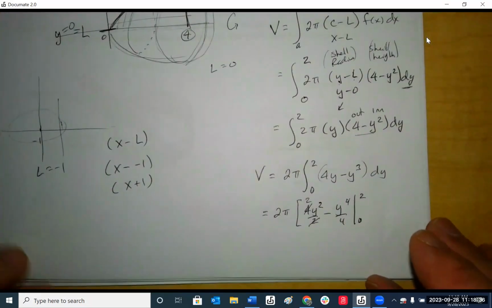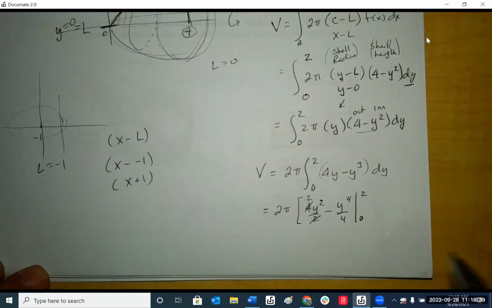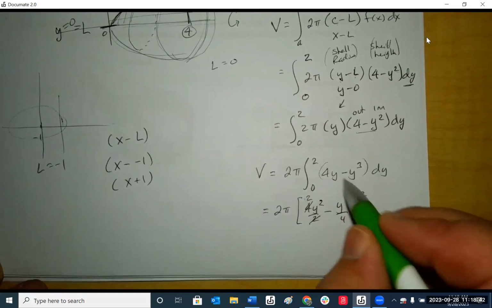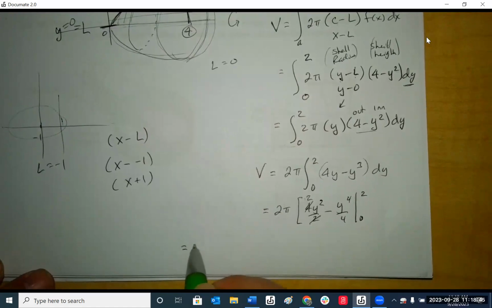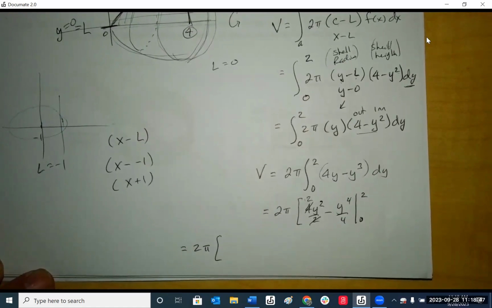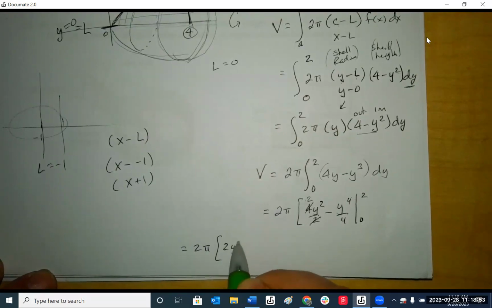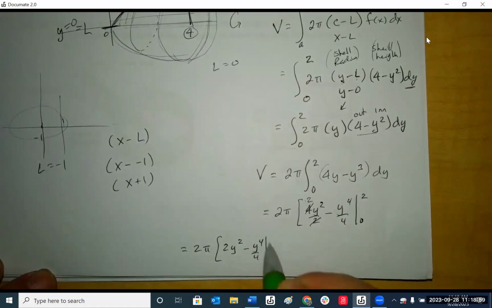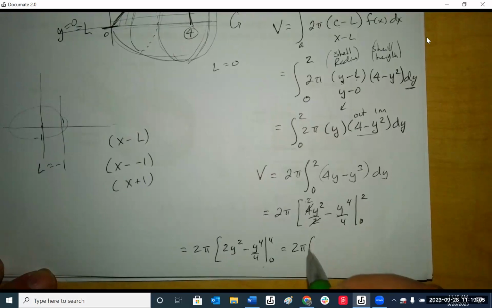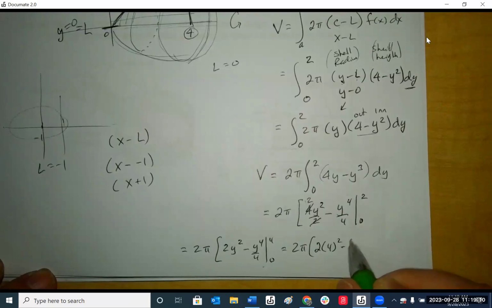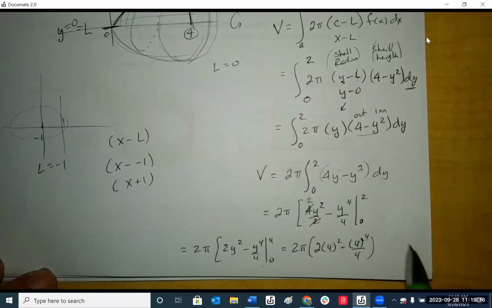Let's get rid of the 2's. Two y squared minus y to the 4th over 4. I don't have to worry about the 0. I just do 2 pi times 2 times 4 squared minus 4 to the 4th over 4 minus 0.